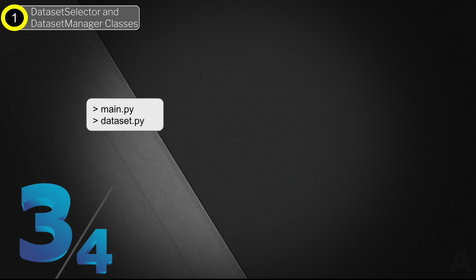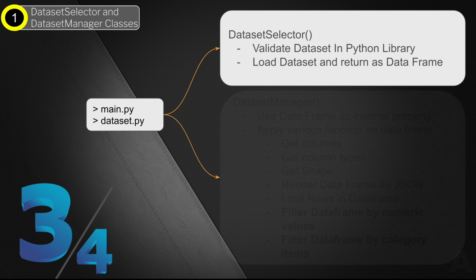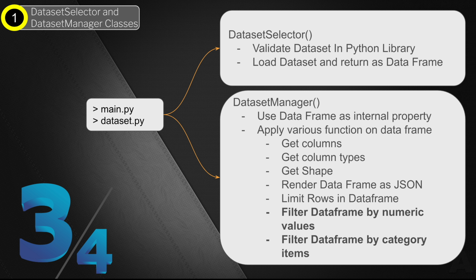This code is also in continuation of our Python data processing fundamentals, where we have already created these two classes, DatasetSelector and DatasetManager. However, the previous lecture was not able to complete the data frame filtering by numeric value as well as categorical values. So that is what we are covering in this video.